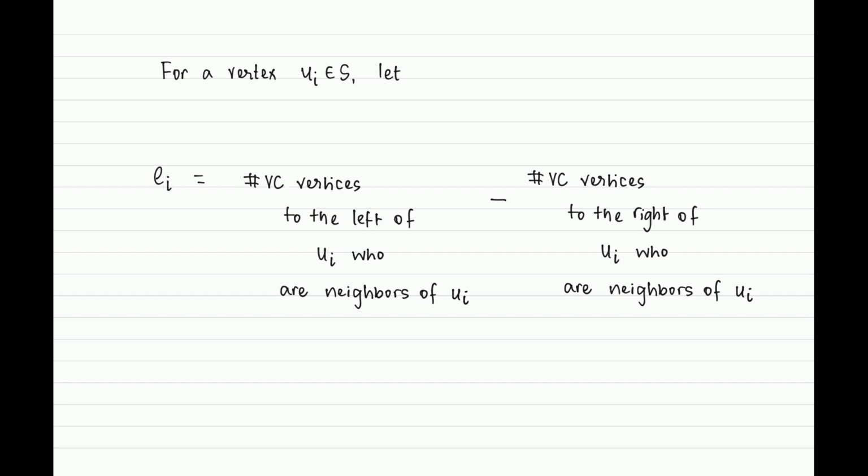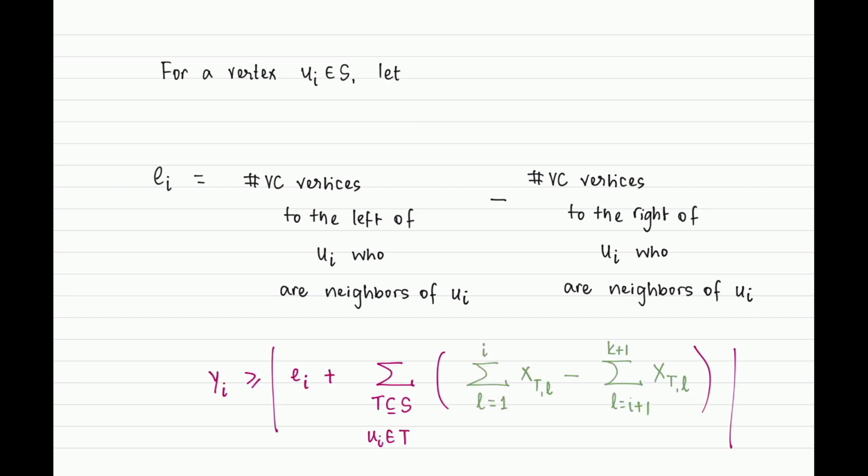So all the vertices in ET, we will want to know where they land up, and we'll want to make sure that we count the number of vertices from ET that end up in locations behind UI, and the number of vertices in ET that end up in locations after UI, and we take the difference, and we have to do this for every equivalence class T that contains the vertex UI. So that's essentially what this expression is telling us.